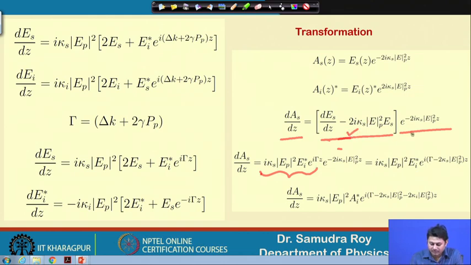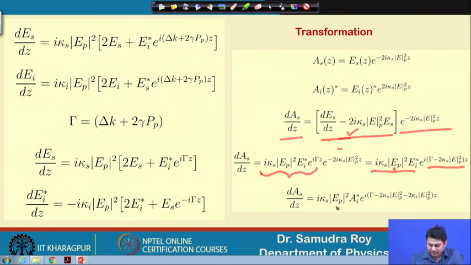And now dAI/dz simply becomes i kappa s Ep^2 EI, with an exponential term like this. Now I write Ep, I know what is the solution of Ep, so |Ep|^2 is here.